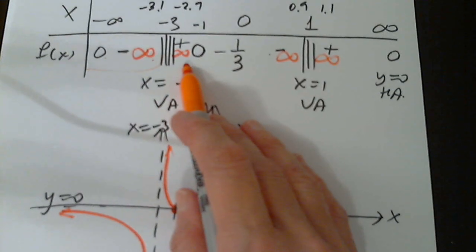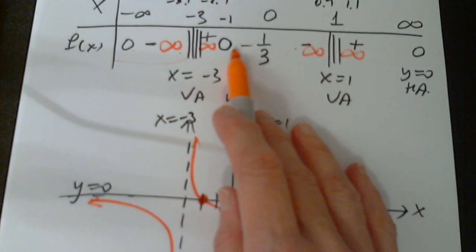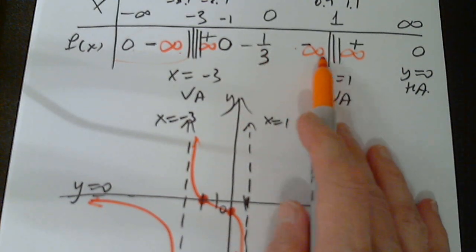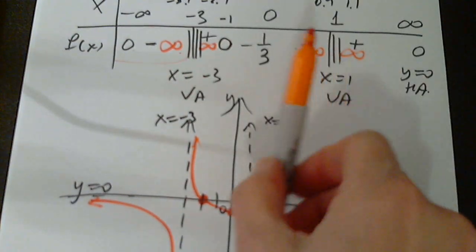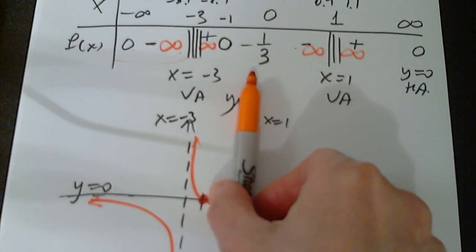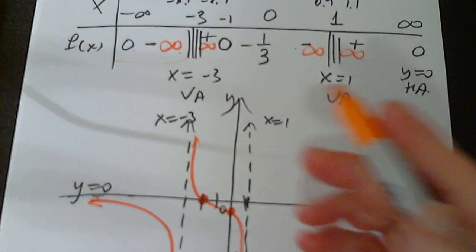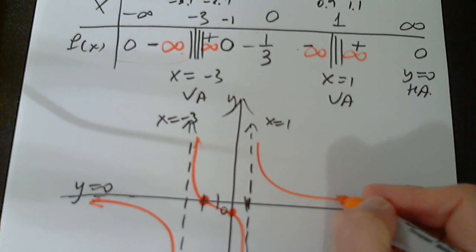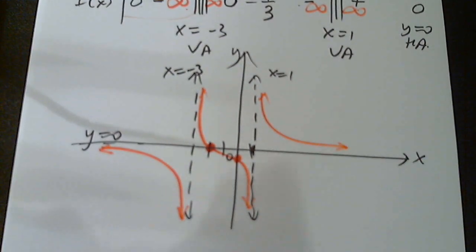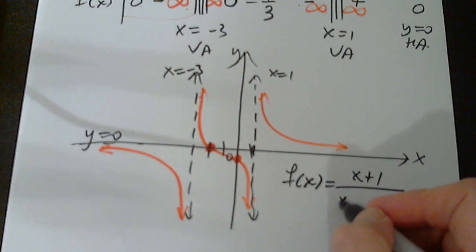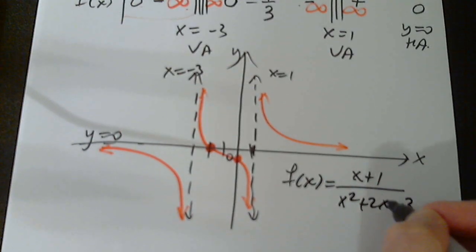From approaching the vertical asymptote at +infinity, crossing the x-axis, crossing the y-axis, going to -infinity on the left-hand side of x equals 1. On the other side, easy, from +infinity to 0. And this is the graph of f of x equals x plus 1 over x squared plus 2x minus 3.